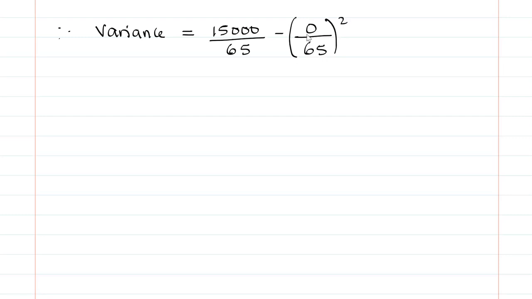It is not a must for the summation of fd to be 0. It depends on the number and the value of the assumed mean. And now from here, we simplify this.